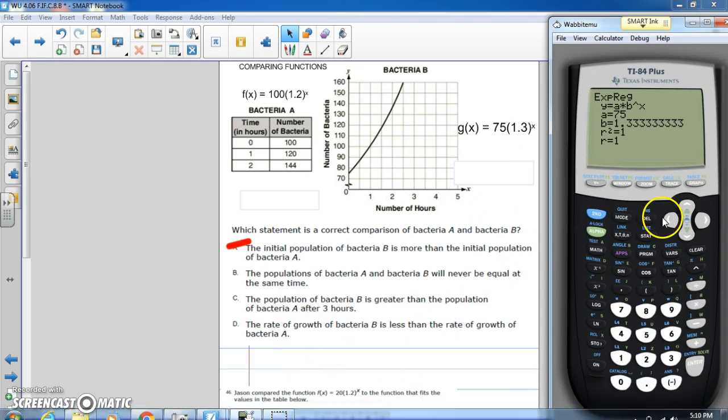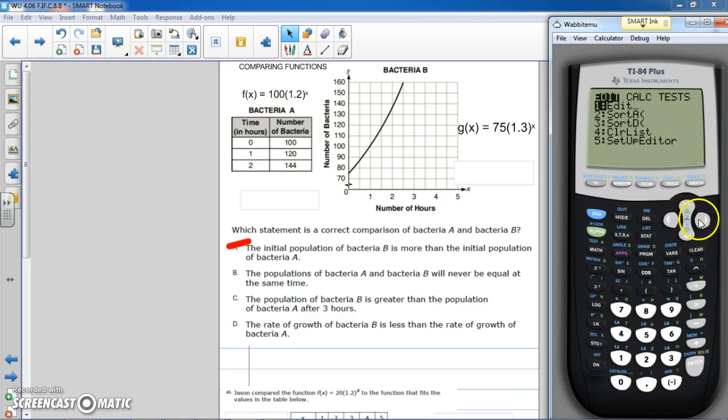Now I want to put that equation on the graph. So I'm going to hit stat again, go over to calc, hit 0 for exponential regression, and now I'm going to put in my function again by hitting vars, yvars, function, but I want to compare both functions at the same time.